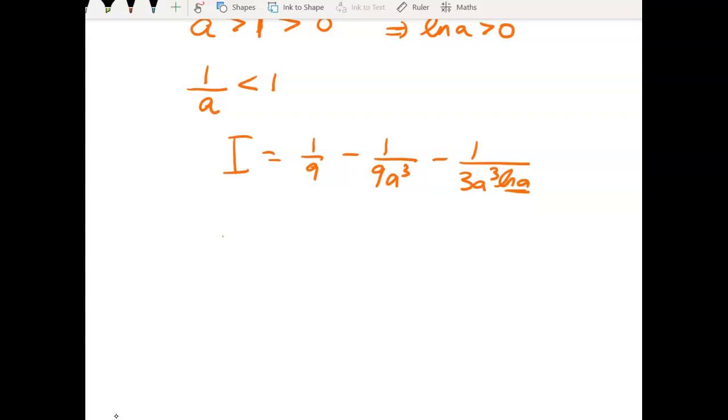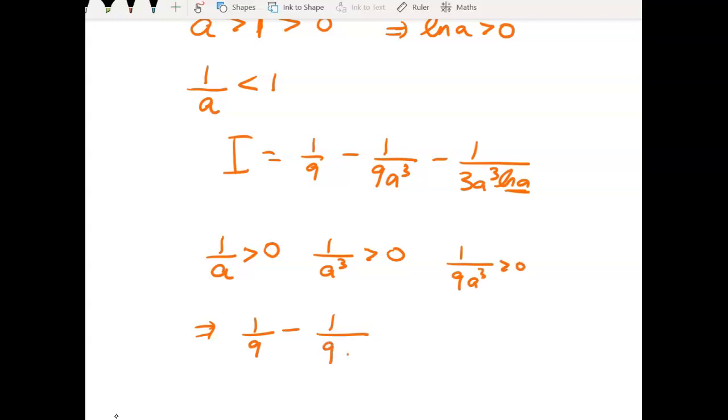Okay, so 1 over a is greater than 0. 1 over a cubed is also greater than 0. Right? And that means that 1/9 minus 1 over 9a cubed is going to be less than 1/9.